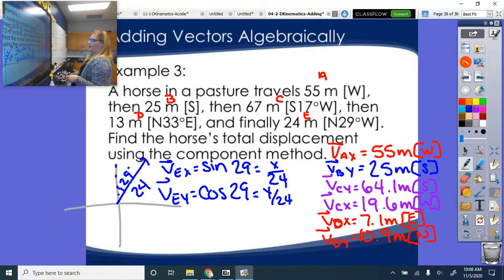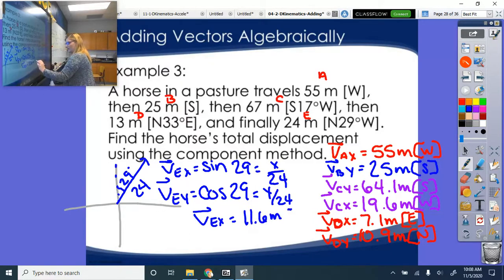So I have almost no room. My vector of E in the x equals sine of 29 times 24, 11.6 meters west.